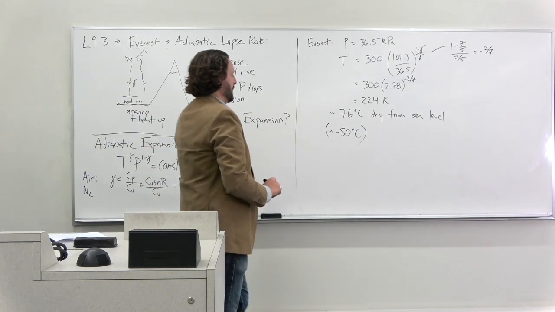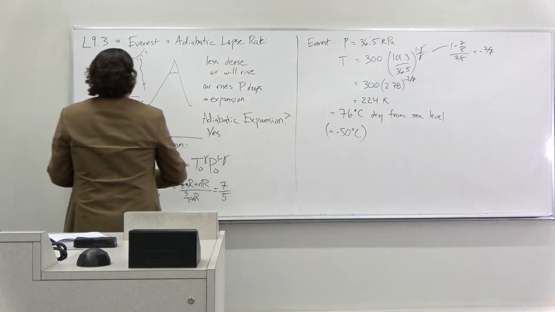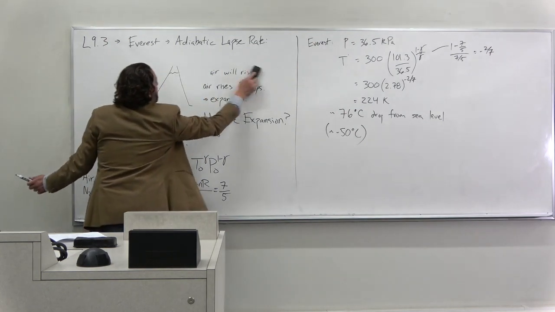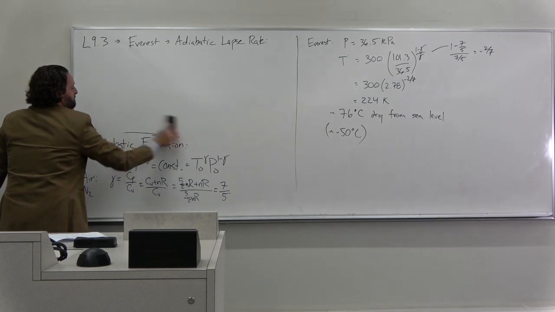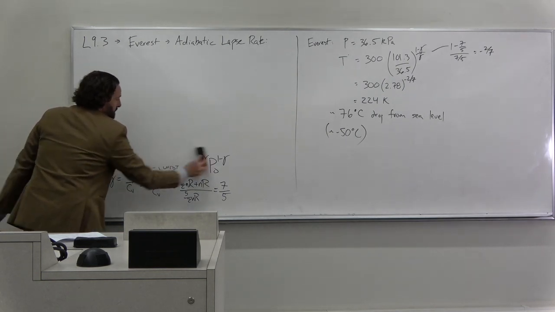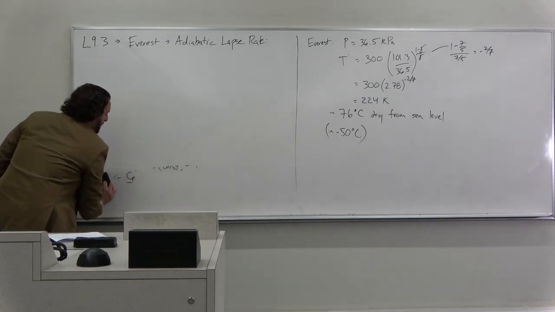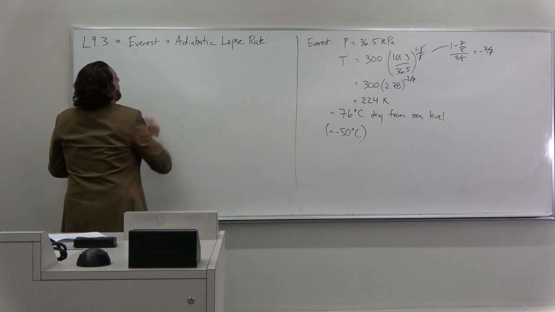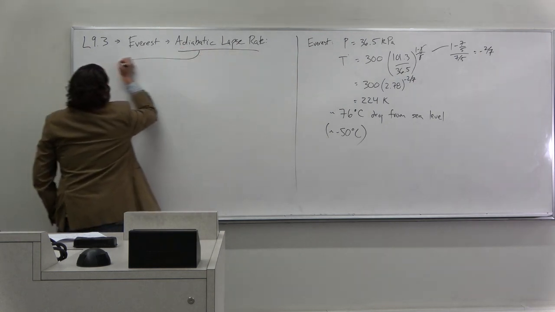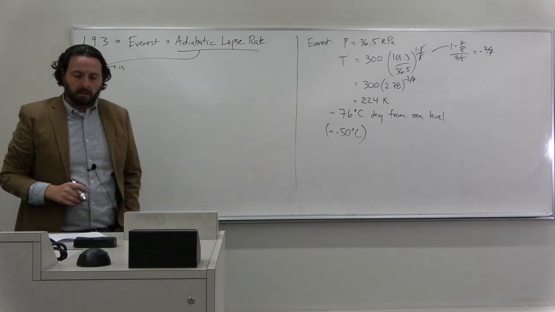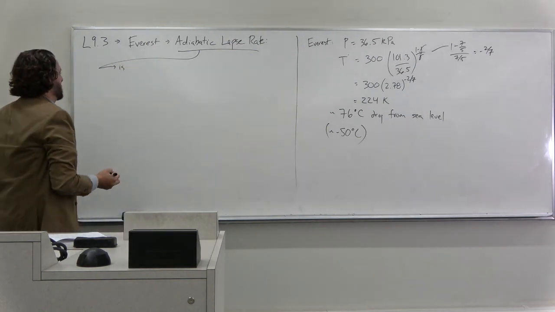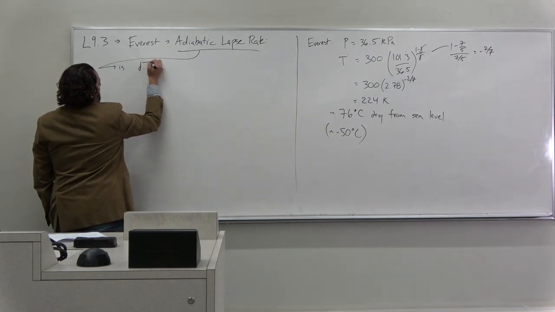Okay. So now we have the tools to define something called the adiabatic lapse rate. The adiabatic lapse rate is the rate at which temperature changes with altitude.